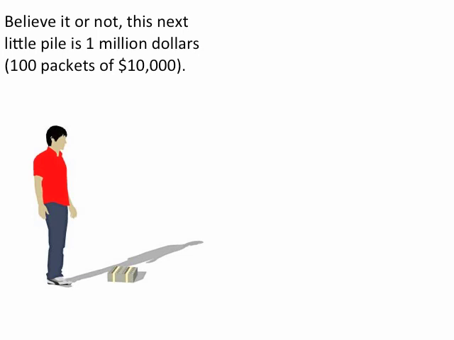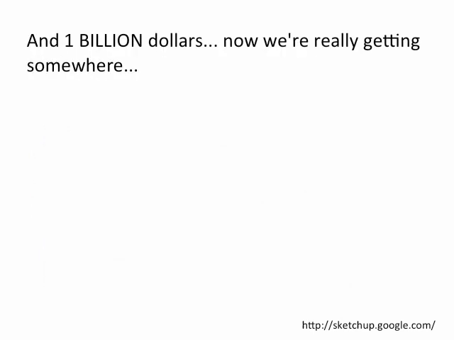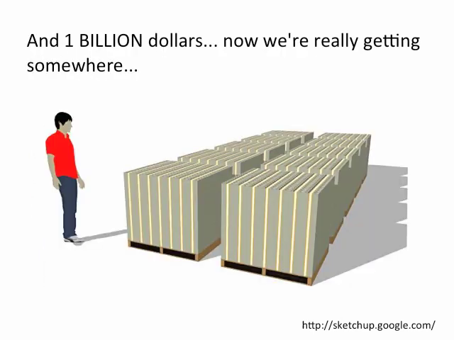There will be 100 packets of 10,000. Most of us will never own this much money, but that's the size of $1 million in $100 bills. $100 million would fit on a pallet, and $1 billion would then be about 8 to 10 of these. And there we go. That's $1 billion.